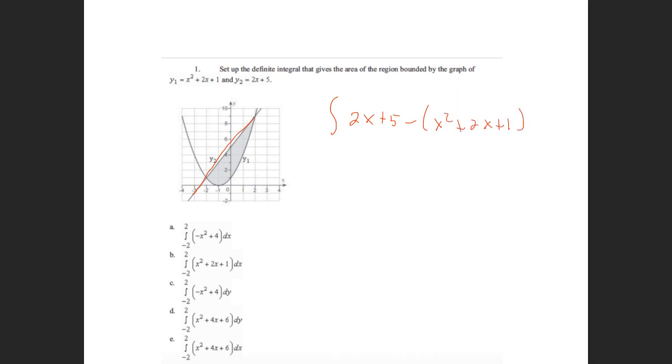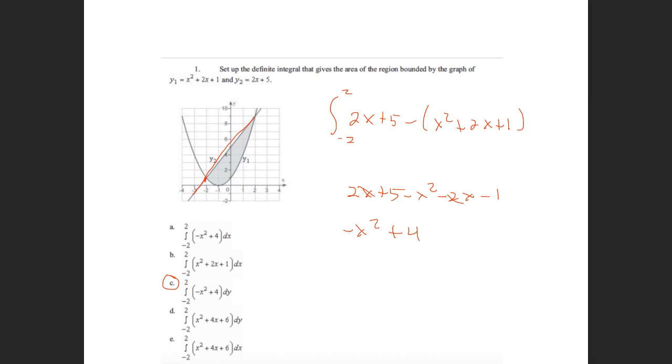I don't see that here. And it goes from -2 to 2, so that's easy enough to do. But now I'm going to rewrite it as 2x plus 5 minus x squared minus 2x minus 1, because that minus sign goes to everything. So negative x squared, the 2 x's are going to cross off, plus 4. Negative x squared plus 4. So letter C is correct. Very good. Excellent.